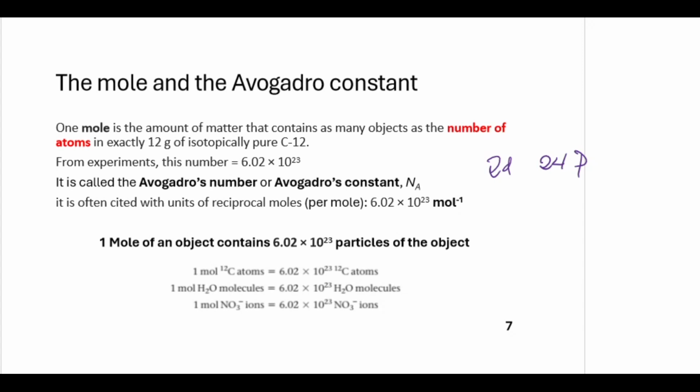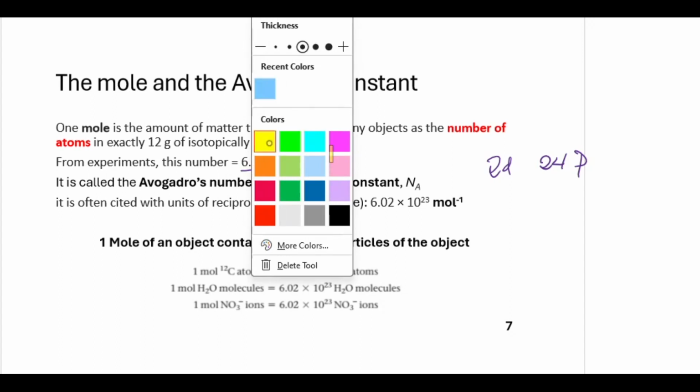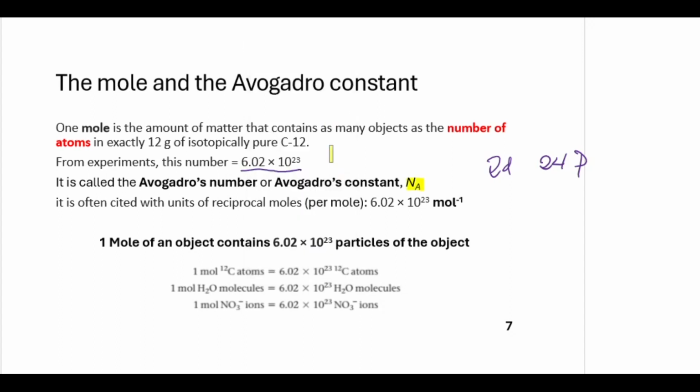From experiments, this number of atoms in exactly 12 grams of carbon-12 isotope is 6.02 times 10 to the power of 23. This number is called Avogadro's constant, or Avogadro's number, and it is represented by the symbol N_A.